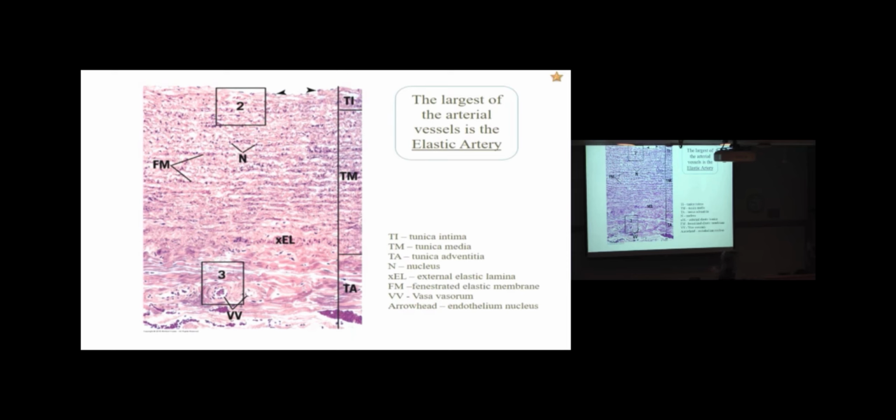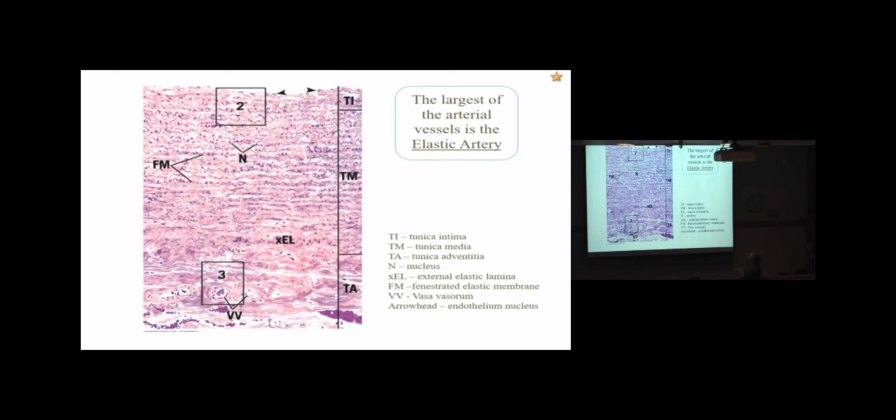So here you're largely seeing them cut in cross section, so their nuclei are looking round. There's a few collagen fibers, some other fine connective tissue elements, but the big components are these elastic membranes and smooth muscle.